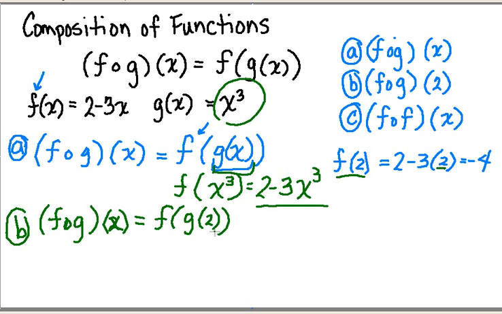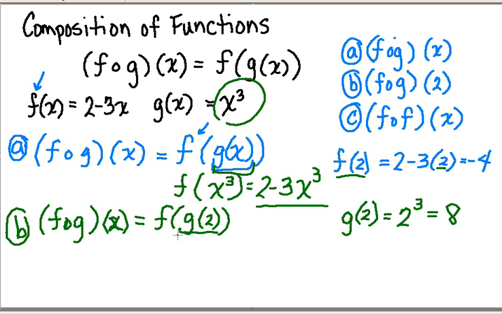In this particular example, I can kind of ignore the outside and just look at the inside, g of 2. We're going to calculate g of 2 the same way we calculated f of 2. I'm going to go to my g function, and wherever I have an x, I'm going to plug in a 2. So g of 2 is going to be equal to 2 cubed, or 8.